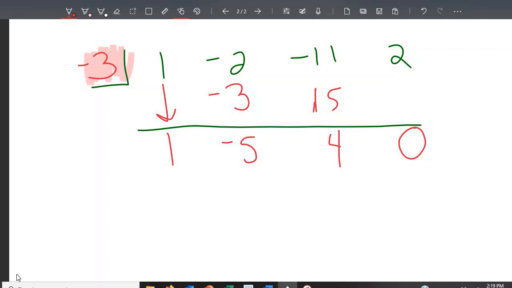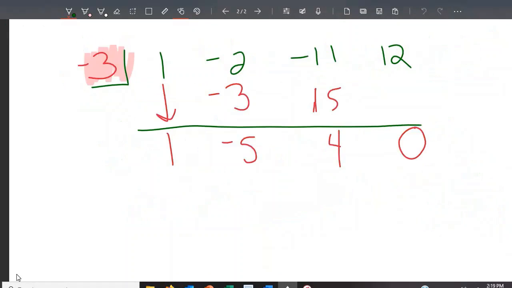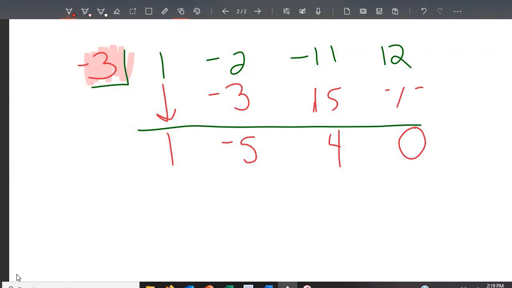I get 4. Hold on, I must have written it wrong. This should be a 12, not a 2. Okay, so 4 times -3 is -12, which gives me my 0.